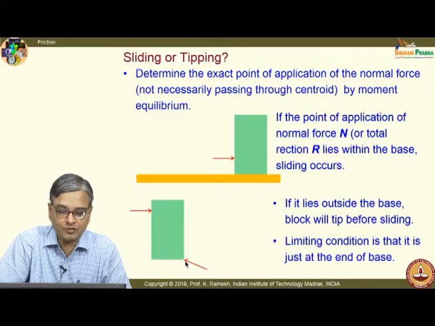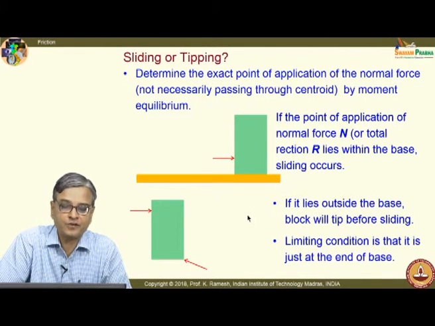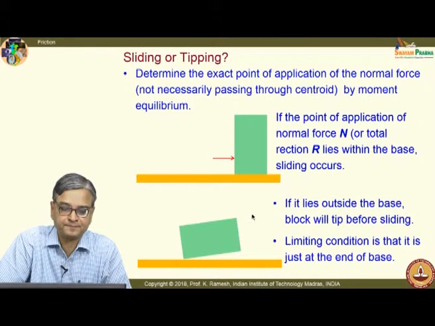If the reaction force locates within the object, sliding will occur. If it lies outside the object, tipping will occur. If I have to investigate tipping, the limiting condition is that it will happen at one of the edges, either this edge or this edge, depending on which way I apply the force. Okay. So, if I summarize this mathematically, so you see that it has tipped, fine.